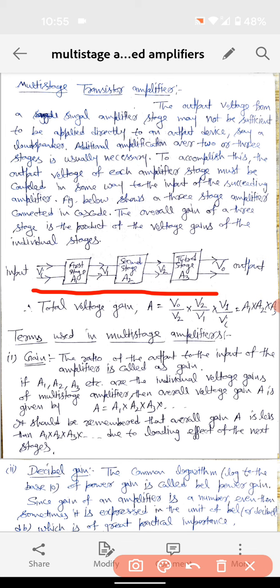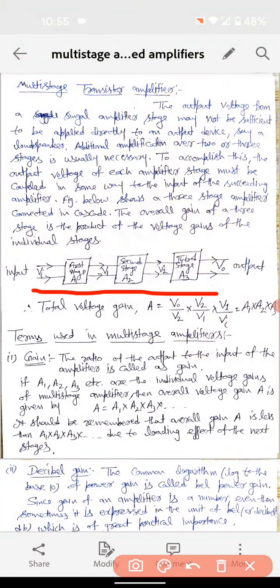Suppose for the first stage the gain is A1, for the second stage A2, and for the third A3, and the input for the first stage is Vi. The output will be V1, and that same output becomes the input for the second stage, and similarly for the third stage.